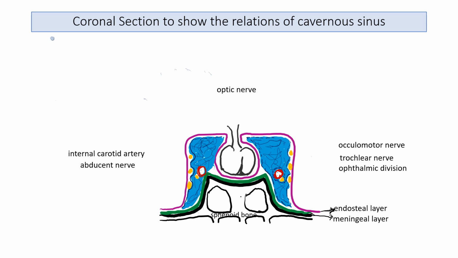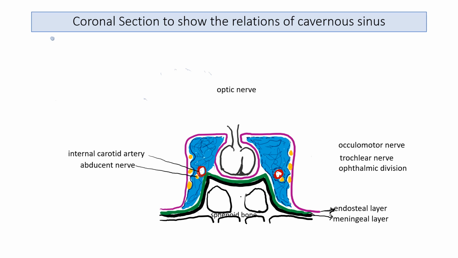Around the artery there is a sympathetic plexus of nerves. So the structures passing through the cavernous sinus are the internal carotid artery, I'll just label it, the abducens nerve, and the sympathetic plexus around the artery.